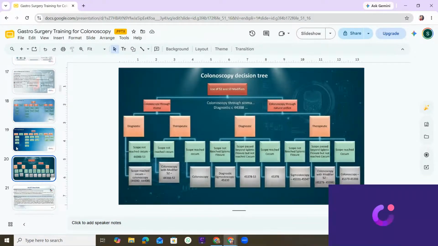Therapeutic: if the scope does not reach the splenic flexure, we use the sigmoidoscopy code range. If it passes the splenic flexure and does not reach the cecum, we use a colonoscopy procedure with modifier 52. If the scope reaches the cecum, then we use the colonoscopy procedure.